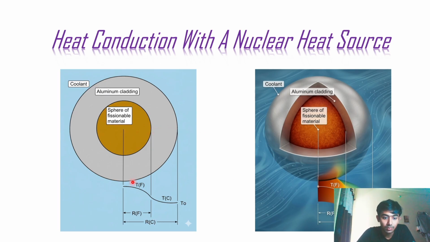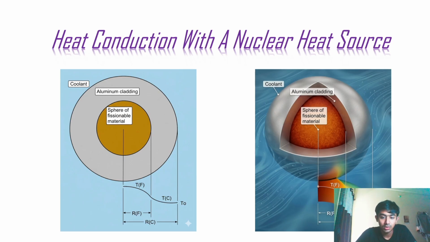Heat will be generated in the fusionable material, the temperature will be high, and it will flow from higher temperature to lower. The outer surface temperature of the cladding will be T0. In the 3D structure, Rf is the radius of the fusionable material, and Rc is the radius from the center to the outer cladding.